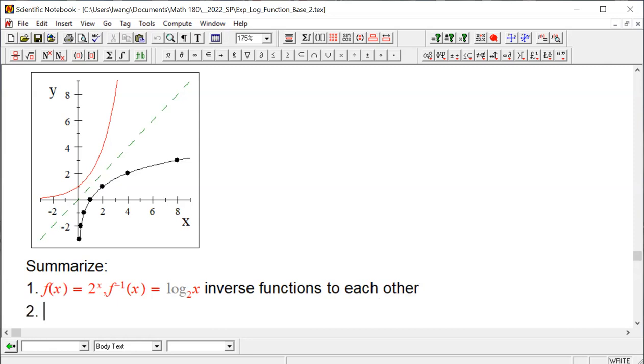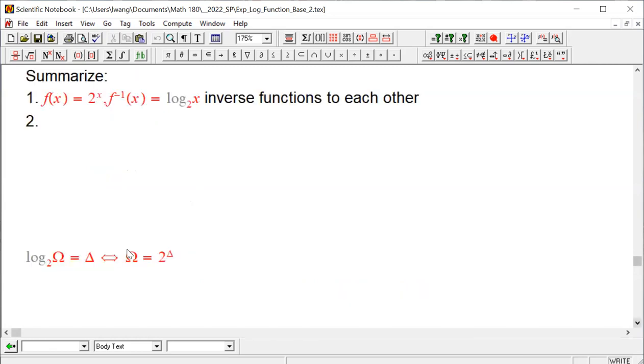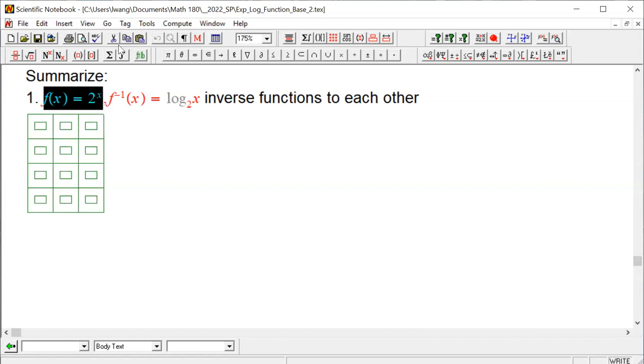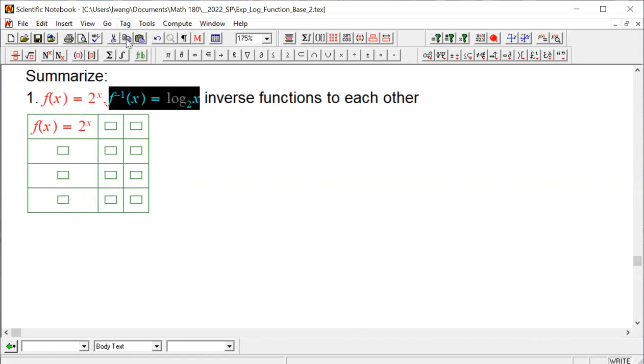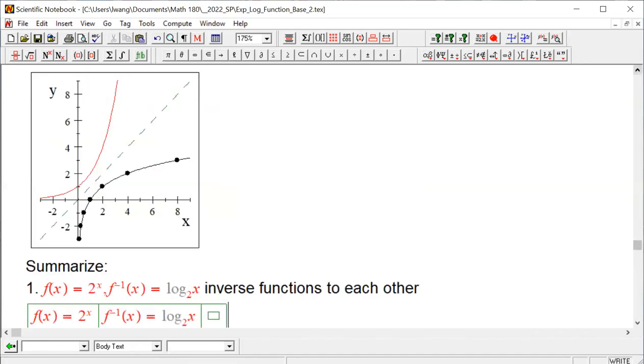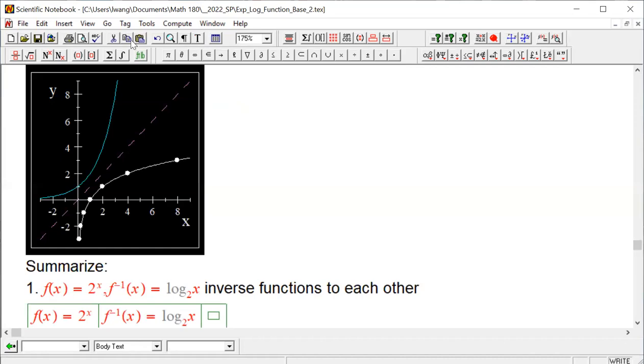And what is the domain for, you know what? I should make a table. I think making a table would make it so much easier. Let's do the table then. I don't need so many rows. So f of x is right here. Its inverse is right there. We had the picture.